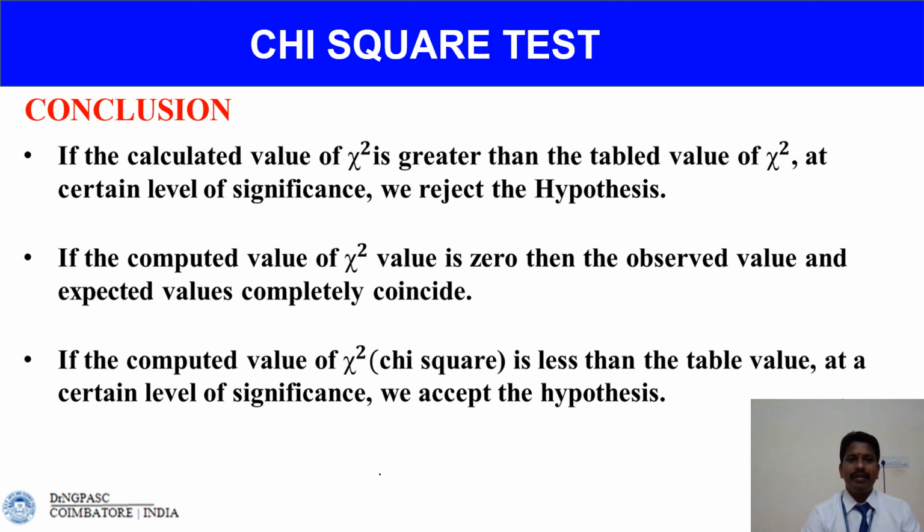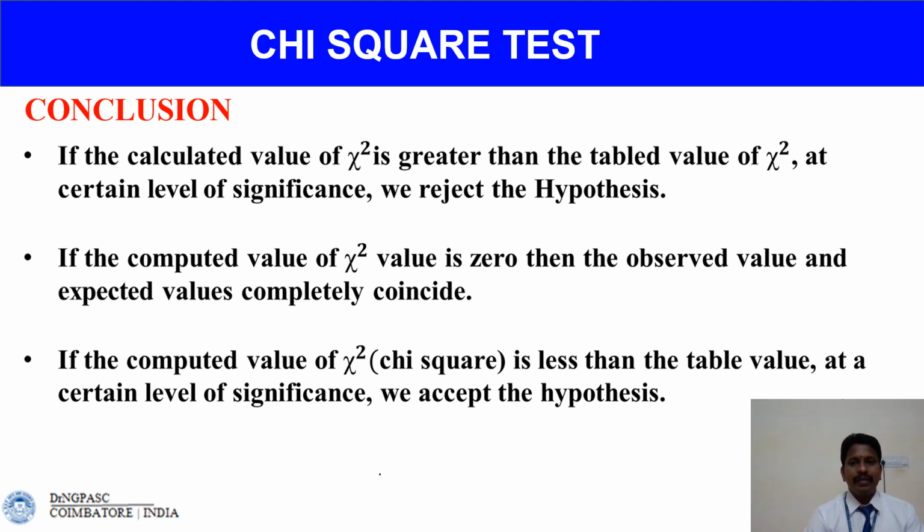Finally, the conclusion of chi-square test. There are 3 conclusions. First, if the calculated value of chi-square is greater than the table value at a certain level of significance, we reject the hypothesis. Second, if the computed value of chi-square is 0, then the observed and expected values completely coincide.